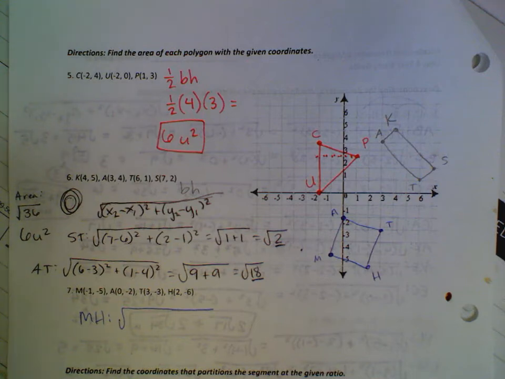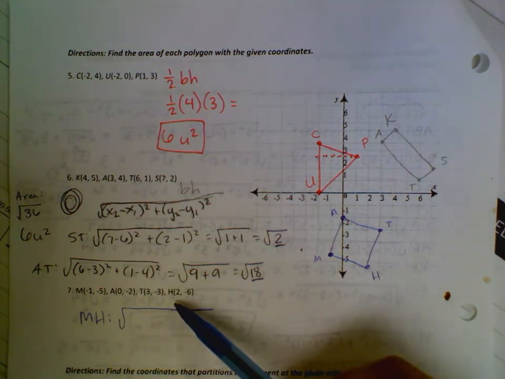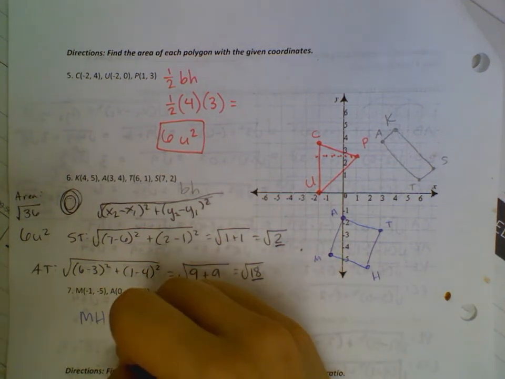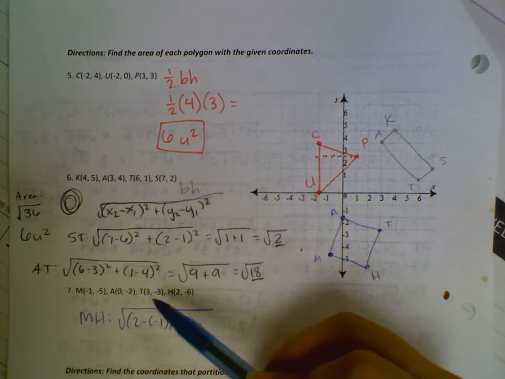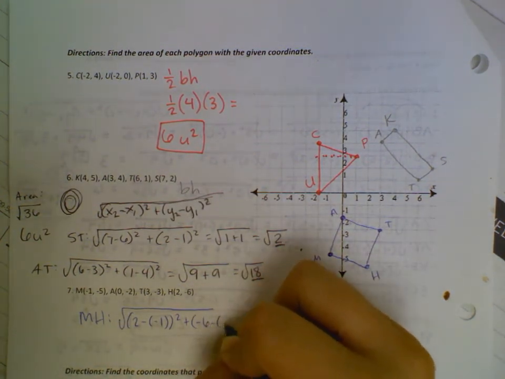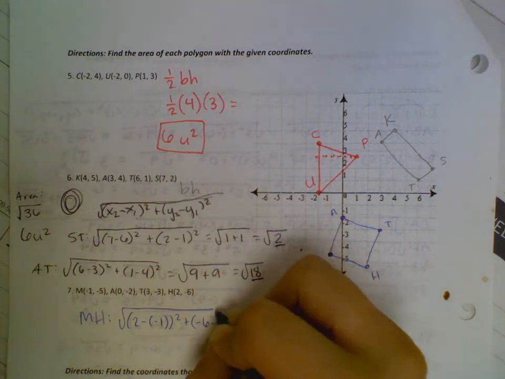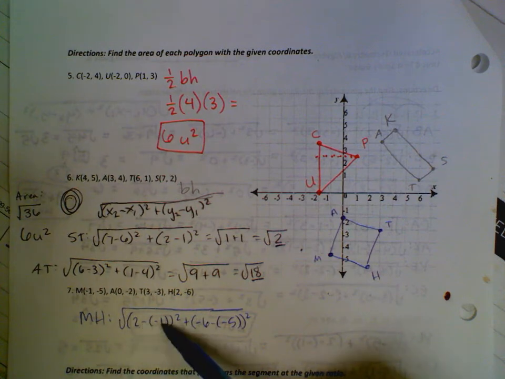So to find the distance of MH, I will do x2 minus x1. So 2 minus -1 squared plus -6 minus -5 squared. So 2 minus -1, if we have minus and negative, those come together to become a positive.